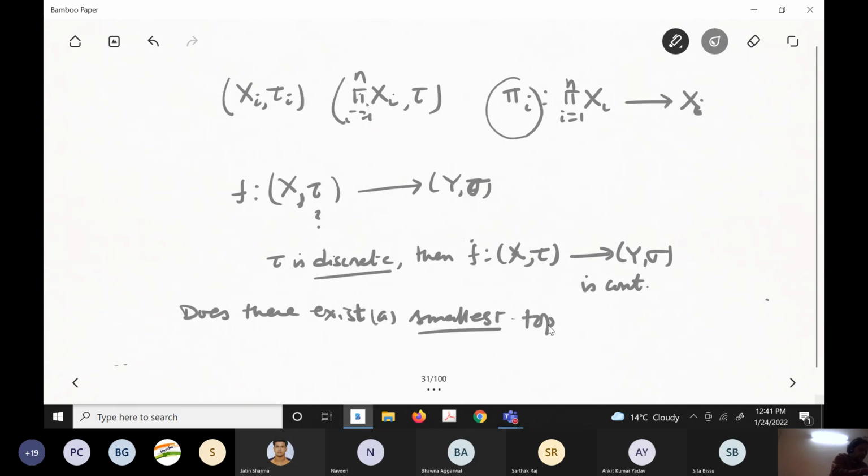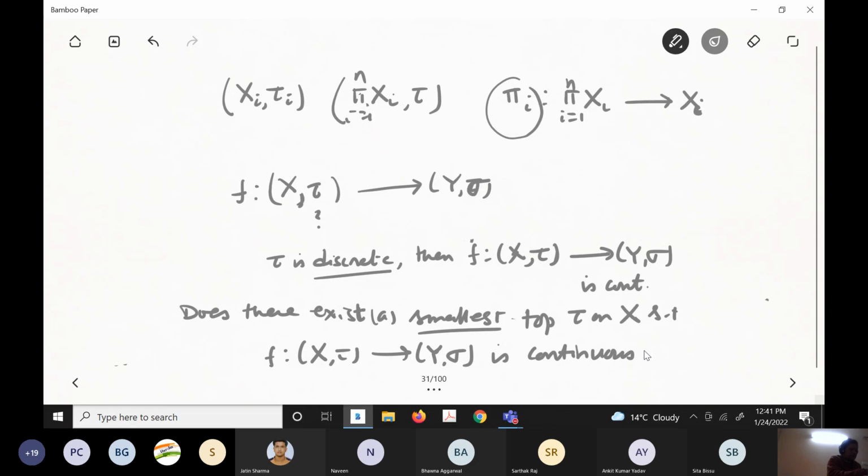Smallest topology tau on X such that f is continuous. Well, how to answer that question?